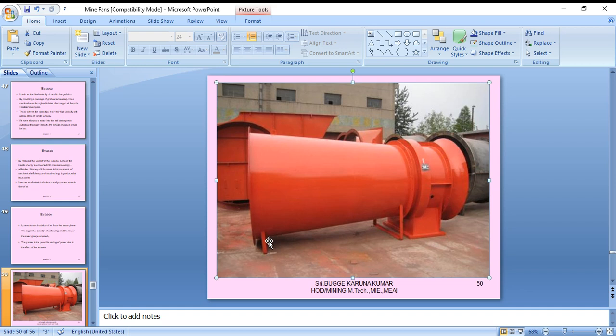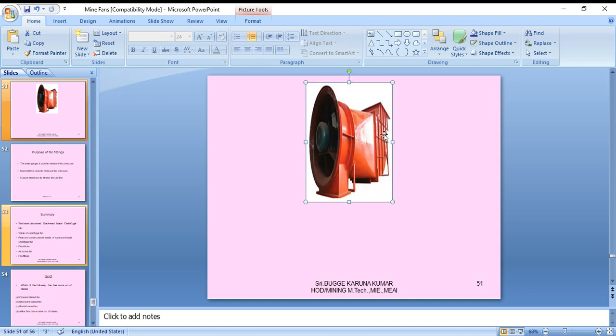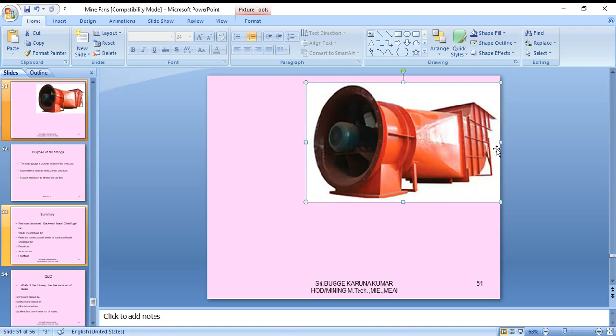And then another model, go through it. This is another model, evasé. These are established in the mouth of the shaft or the air shaft.